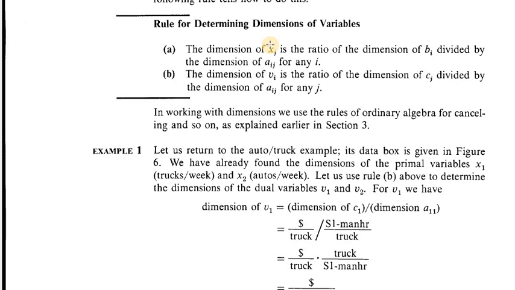So what are the dimensions of the maximization and minimization variables? Well, the dimension of the maximization variable is the ratio of the dimension of b_i, which is the constraint, divided by the dimension of a_ij for any i. We can go back and see that for our auto truck example.